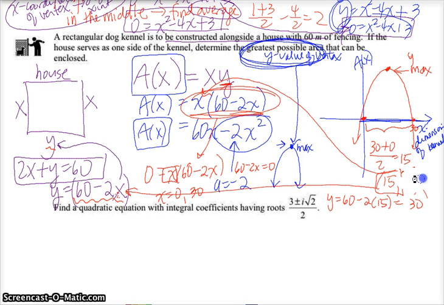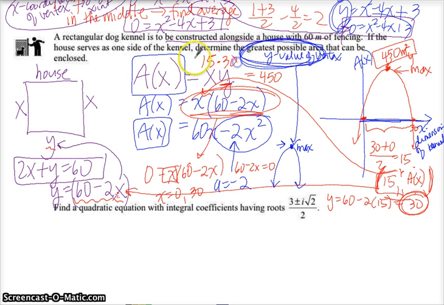The y-coordinate of my vertex is the area in terms of x. So I take my 30, I plug it in to multiply 15 times 30, right? My x dimension, my y dimension. So what is 15 times 30? That's 450. So my maximum or my y value in this graph is 450 meters squared.